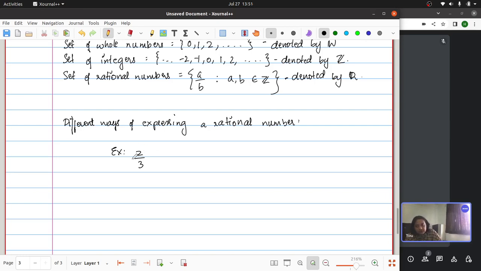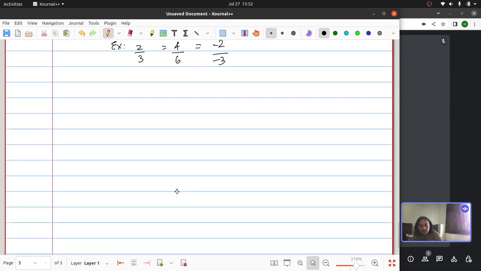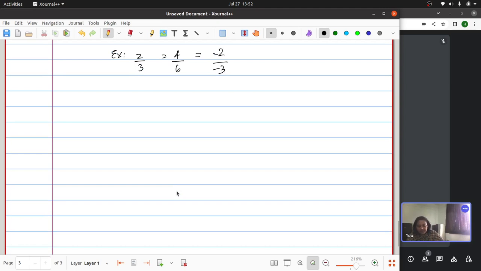The top number is called the numerator, the one below is called the denominator. We can multiply both by the same number. If we multiply by 2, we get 4 by 6. So these are equal. If we multiply by minus 1, we get minus 2 by minus 3. All of these are just different ways of expressing the same rational number. This leads us to something called the simplest form of a rational number.